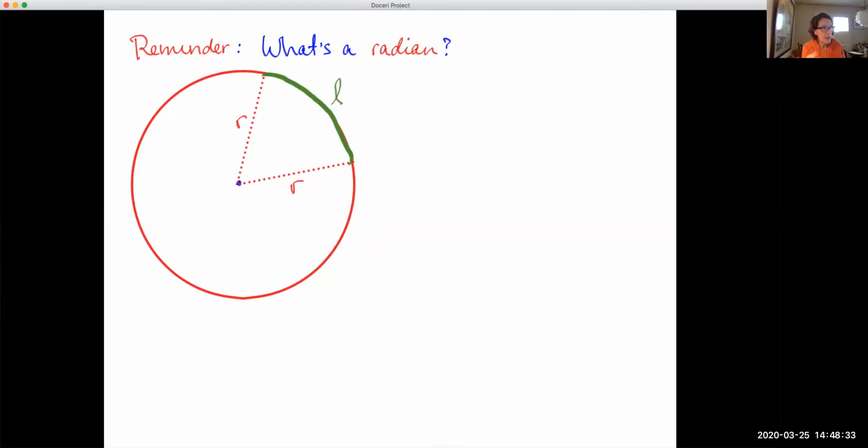So I made a central angle, and now we look at this part of the circle that the angle cuts off, and it has length L. So there's a central angle in the circle, and it chops off a piece of the circle, and I made it green, and the length is L. So if theta is t radians, t is some real number, then t radians is equal to the length L divided by the radius r.